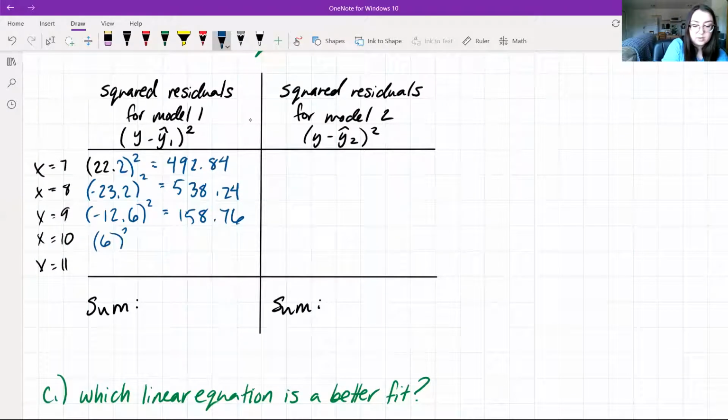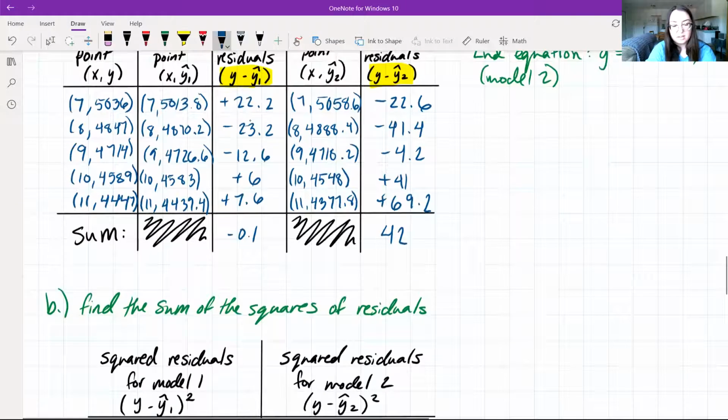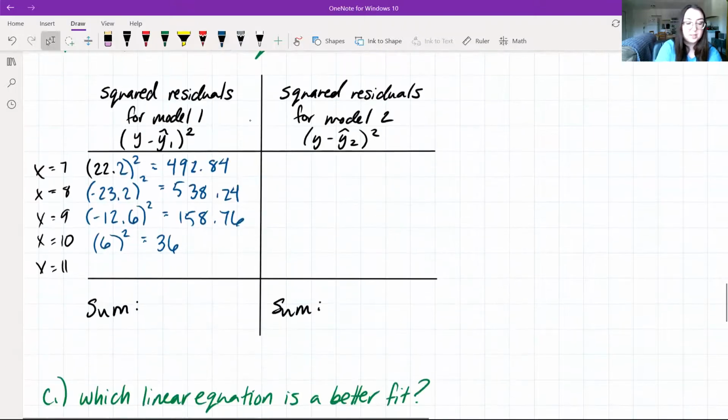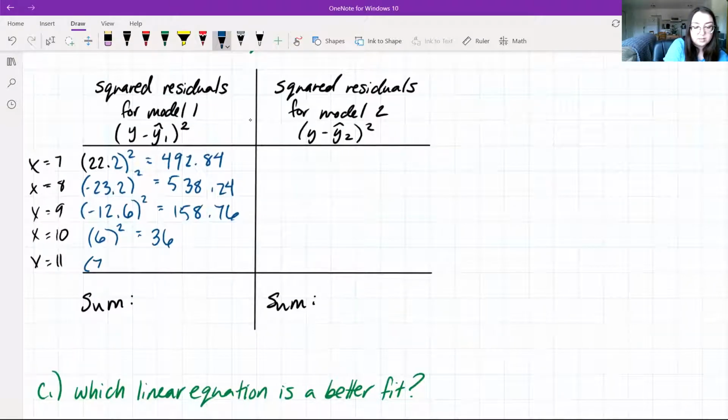So squaring 6, that's just going to be 36. And then we are squaring positive 7.6. So 7.6 squared is going to be 57.76. All right, so now we have all the squares of our residuals. So now we want to add these all up and get this sum. So take a moment to add these all up.